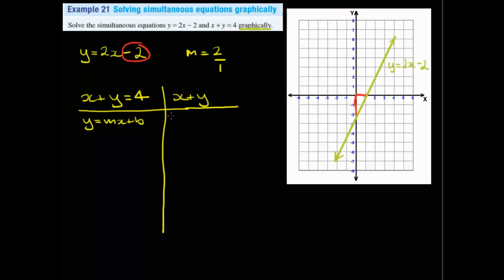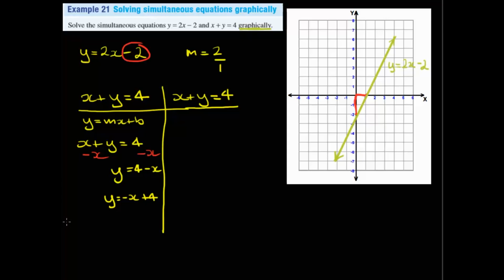So it's x plus y equals 4. Okay, this is converting it to the form y equals mx plus b. We're going to get the y by itself, so we subtract x from both sides, and we're left with y equals 4 minus x, and we can rewrite that as y equals minus x plus 4, so that we get into the y equals mx plus b form.